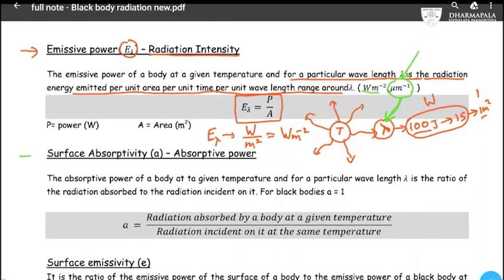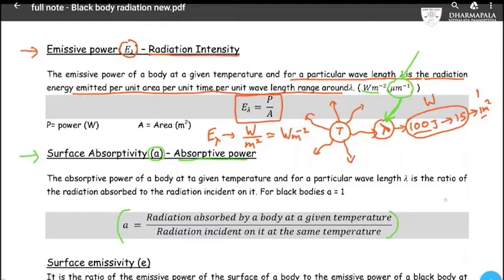Then the next term is surface absorptivity given by the symbol A, also known as absorptive power. If you look at the equation, then you can identify the meaning of this. It says A is radiation absorbed by a body at a given temperature divided by radiation incident on it at the same temperature.